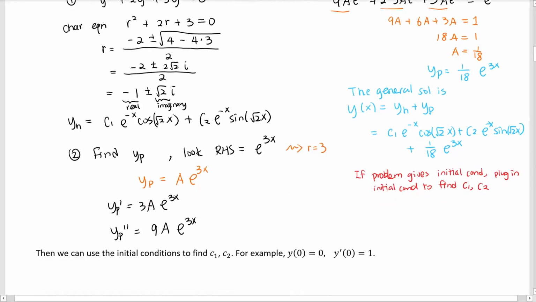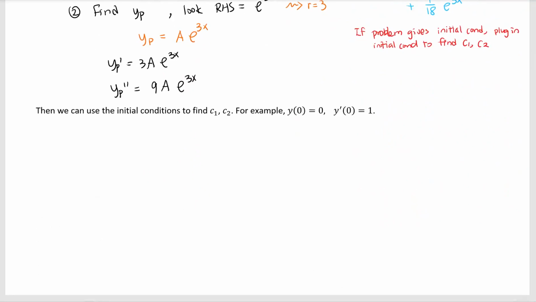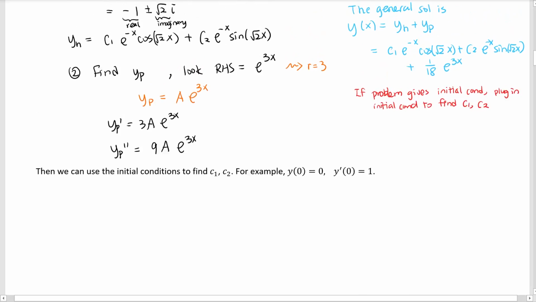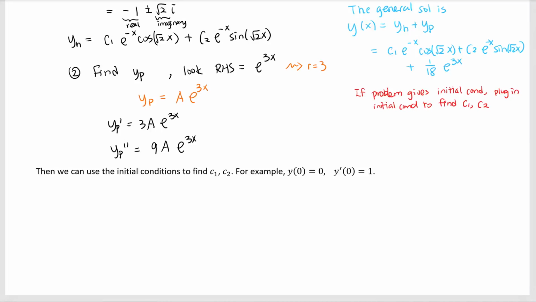Okay, let's continue. For example, if our initial conditions are y of 0 is 0 and y prime of 0 is 1, how do we find c1 and c2? That is our general solution, let's write it down here. y of 0 is 0.